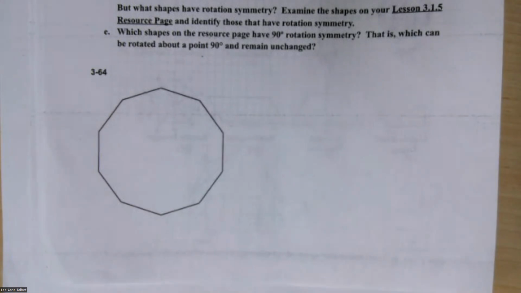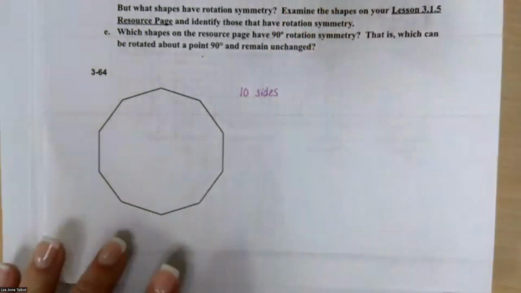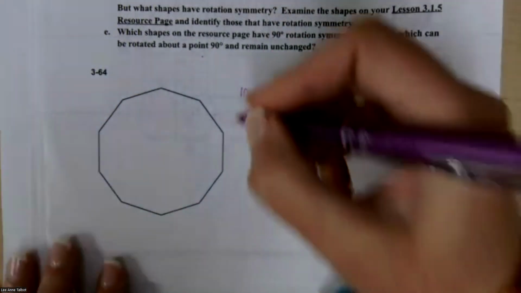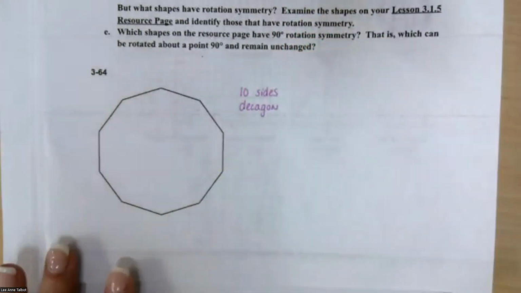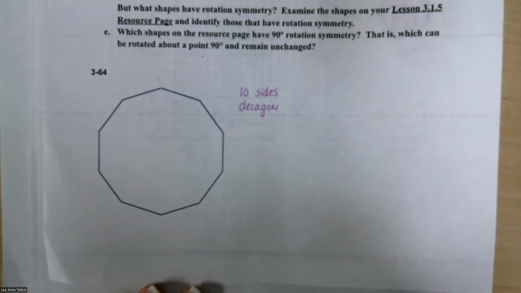How many sides does this shape have? 10. Okay, 10 sides. What do we call a shape with 10 sides? Decagon. Nice job.